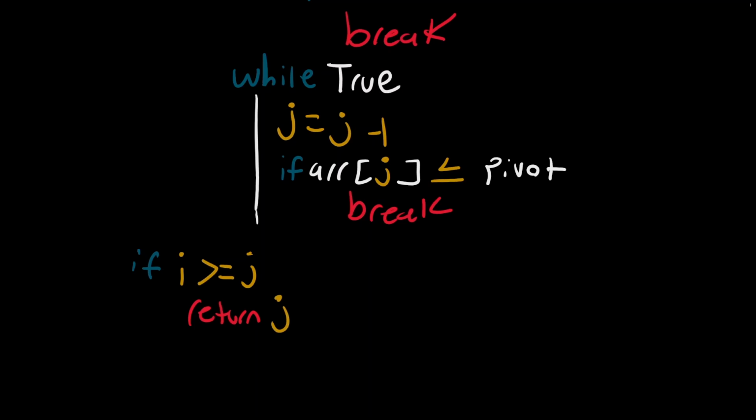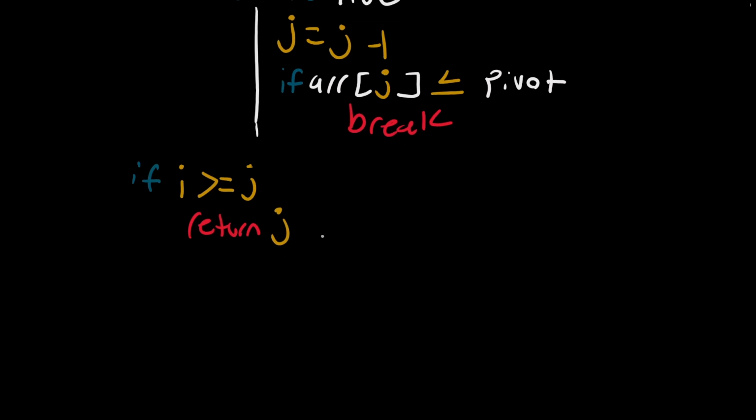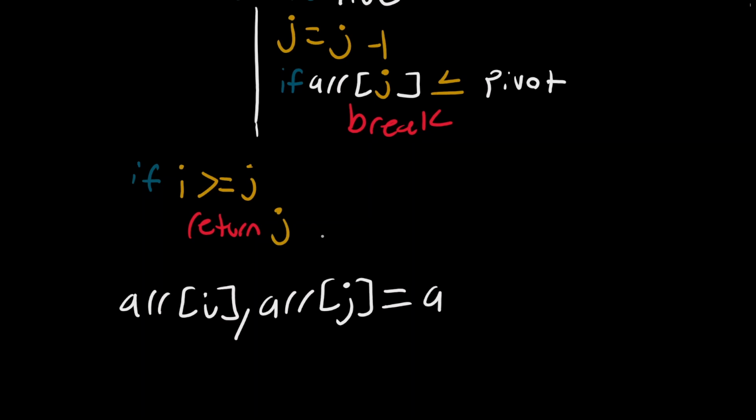Now, if this is not the case, then let's perform that swap. So if we go down a little bit more, we're going to say array[i], array[j] equals array[j], array[i]. This is just quick notation that denotes that they swap array j and array i.